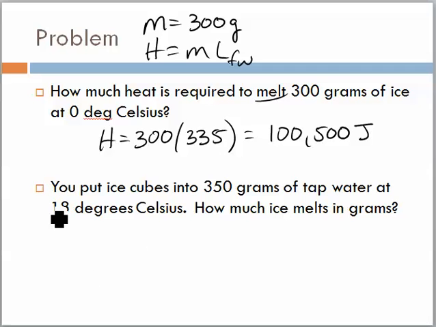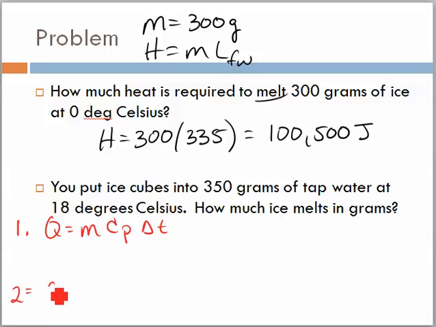For our second problem down here, I'm going to give this one to you to do. I will say that the first thing you're going to have to do is find out how much energy the water has to melt the ice. And once you find out how much energy there is, then you can use that to find out how much ice it will melt. I'll give you a second to do that.